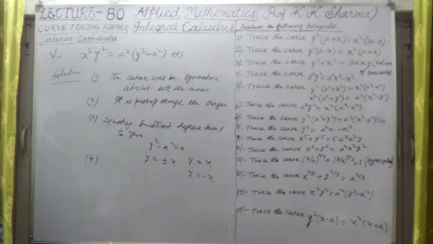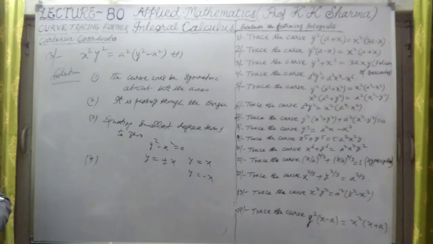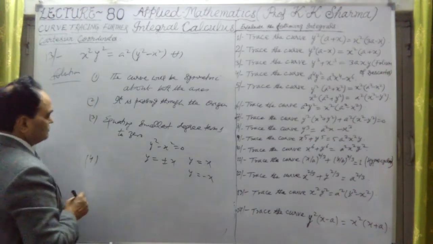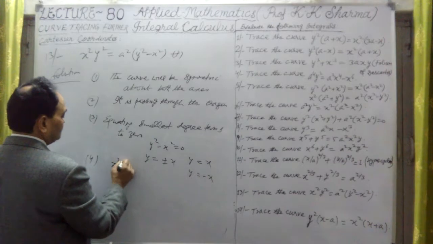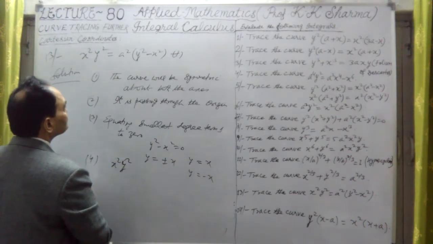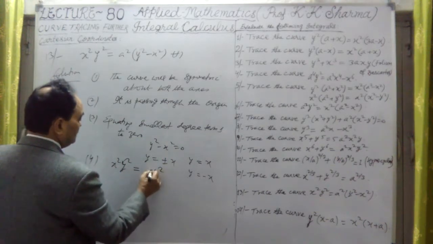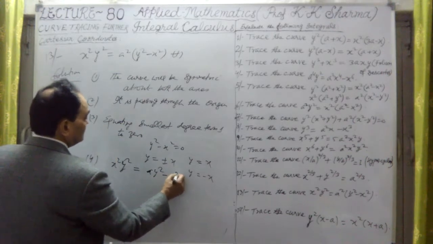This curve is symmetric. Now, if I put x equal to a and minus a here, and find the value of y, solving this equation, x square into y square equals a square into y square minus a square into x square.